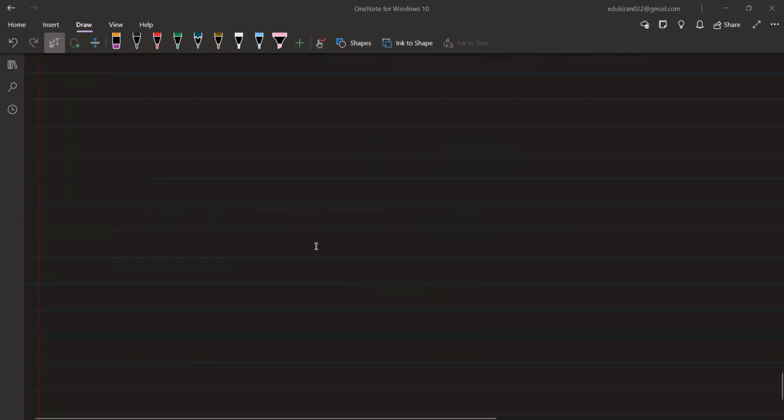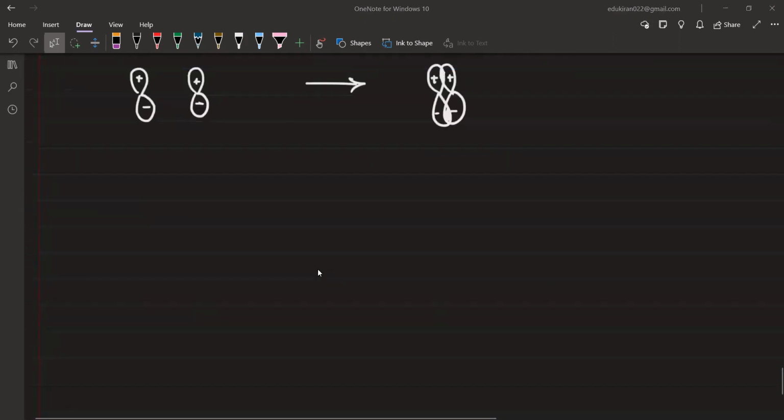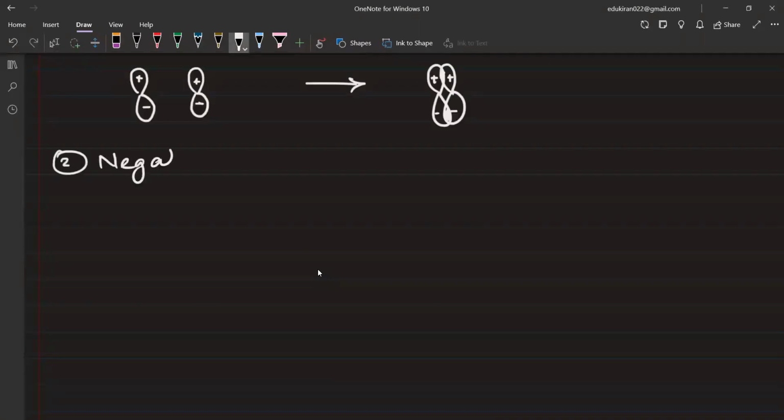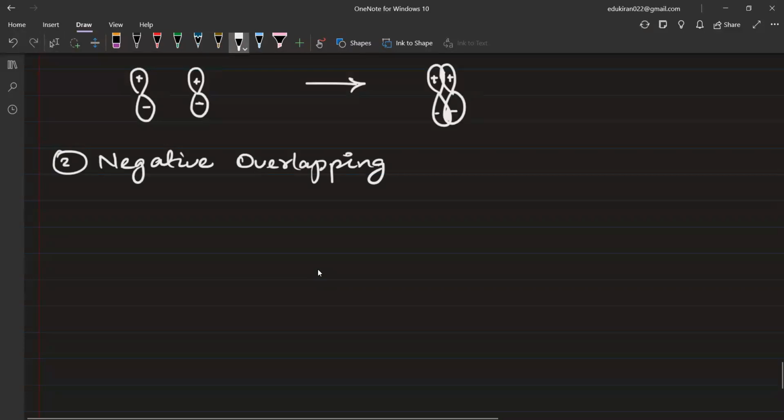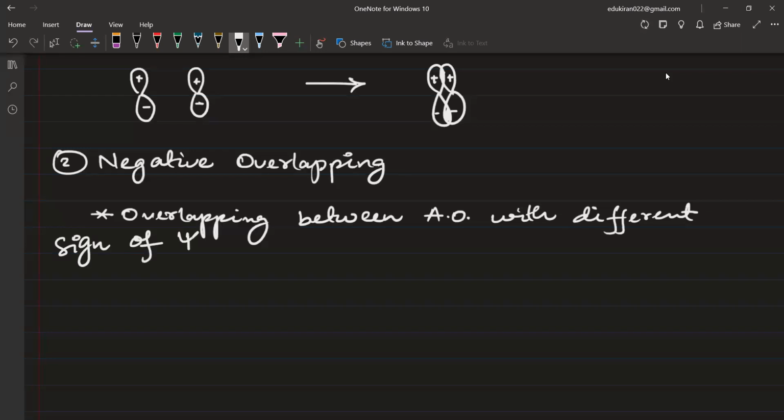देखिए, ठीक है. Next देखिए, negative overlapping. As you may have guessed it, that is the overlapping between atomic orbitals with different signs, different sign of psi.